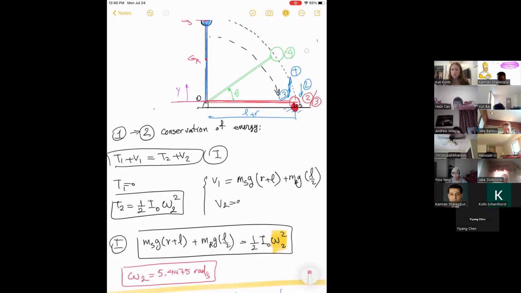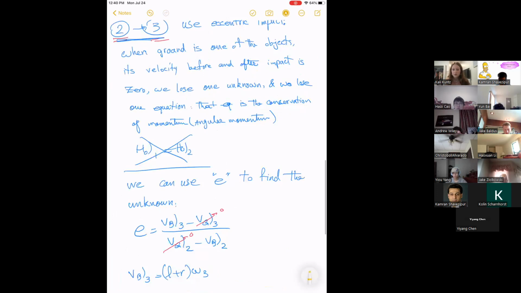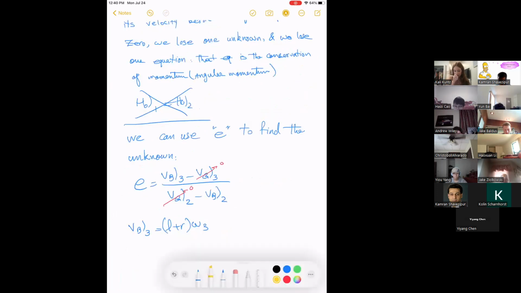I'm going to assume that up is positive, as I highlighted here. So V3 that goes up is positive, V2 that goes down is negative. So V_B3 is going to be this, and V_B2 is going to be minus (L plus R) omega 2.